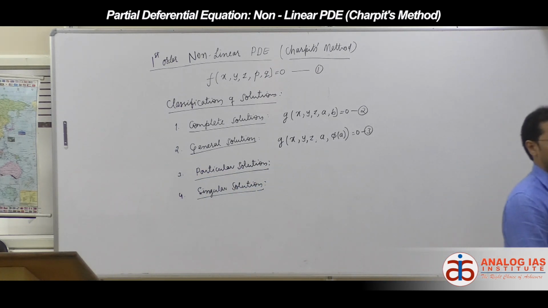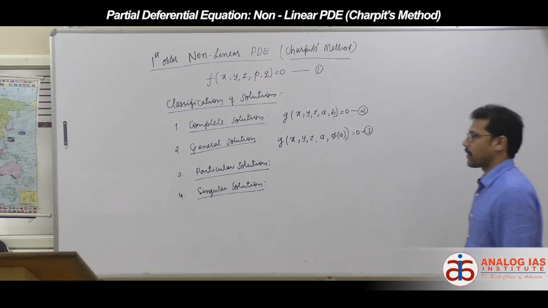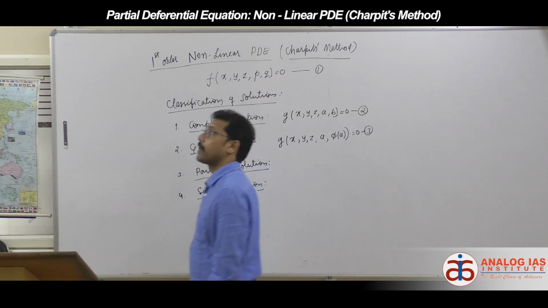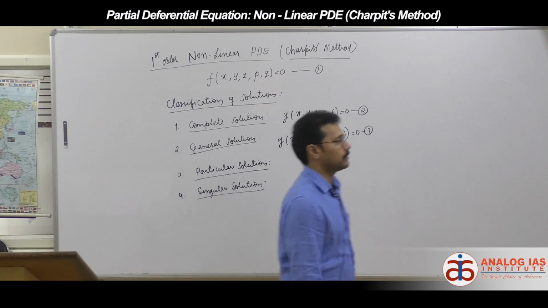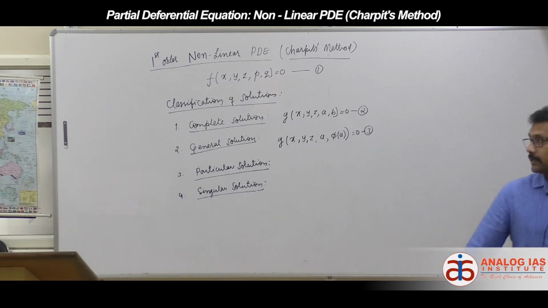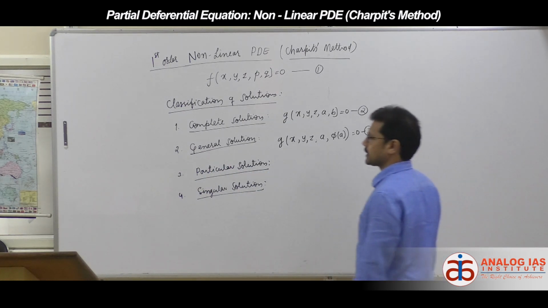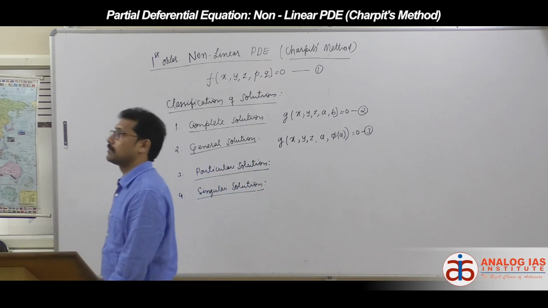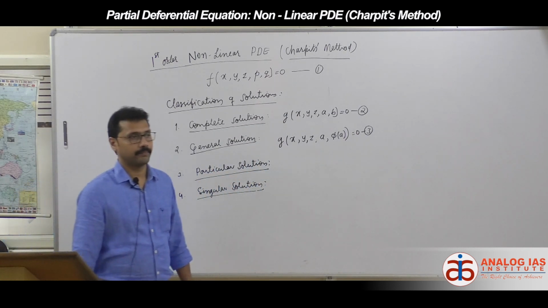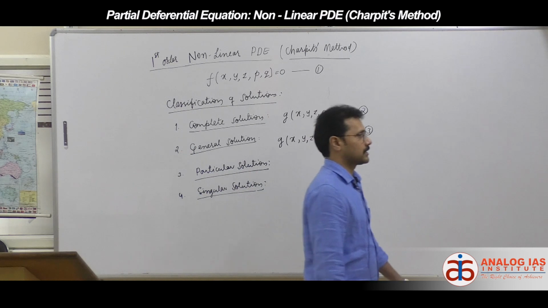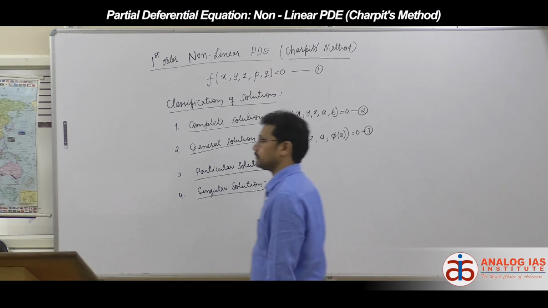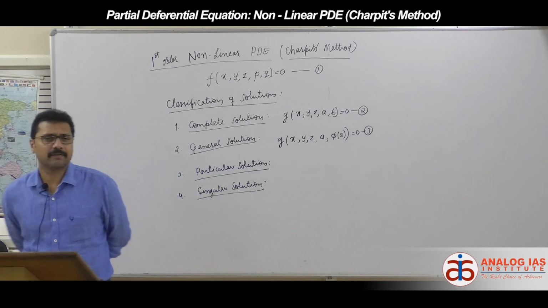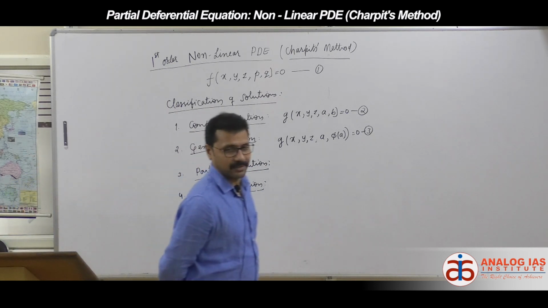Let the complete solution of differential equation 1 be G of x comma y comma z comma a comma b equal to 0. Equation number 2. I think we have already written that, right? Anyway.